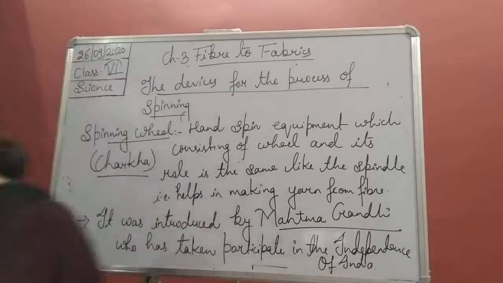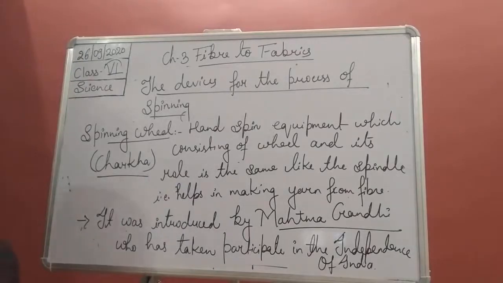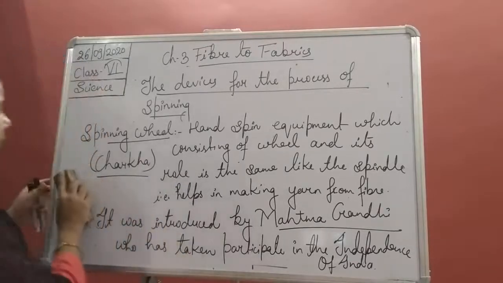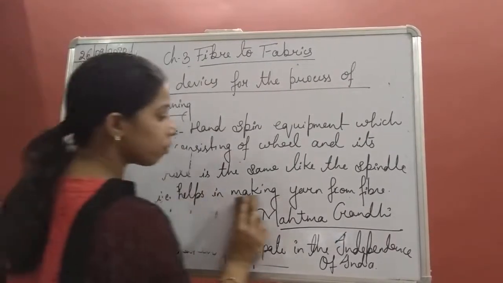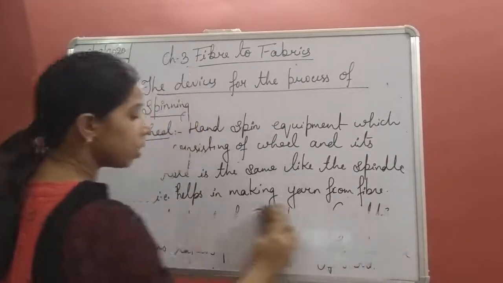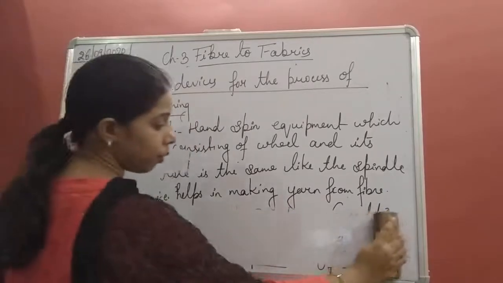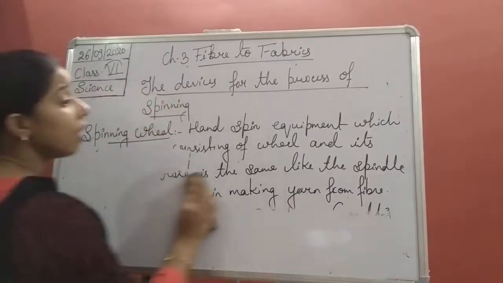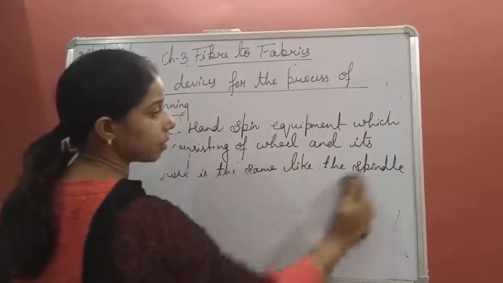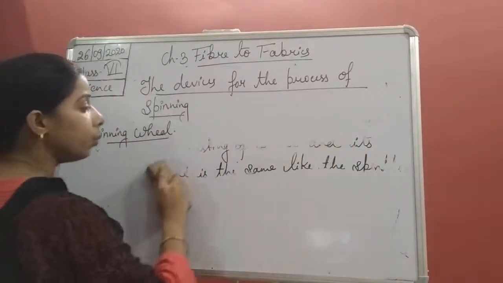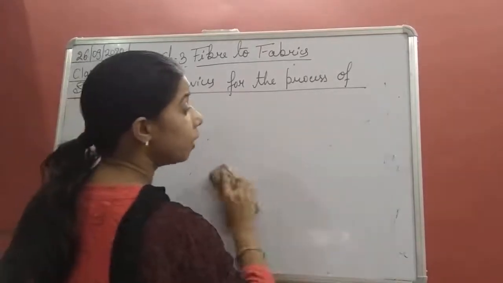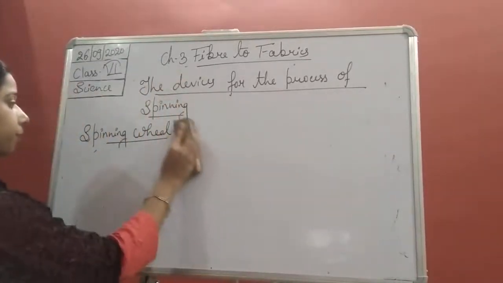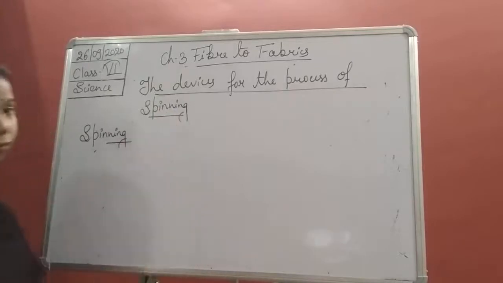Next one is the spinning machine. Till now, when we talk about the spindle or the spinning wheel, students, in both cases these are hand operated equipments. We have to manually operate them to convert the fibers to yarn. But these days a lot of fabrics are made.